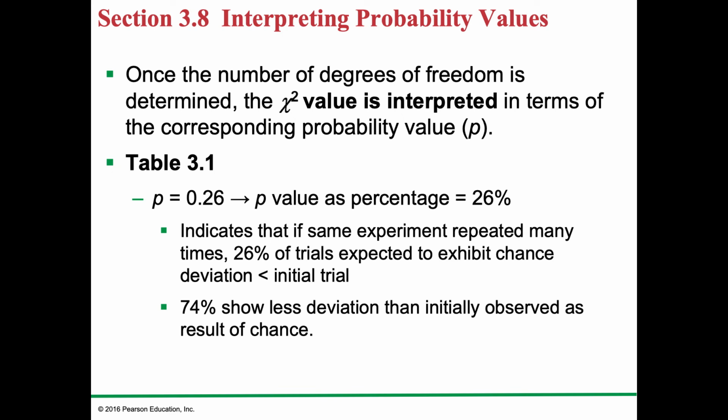And that means that if you did that same experiment, getting 1,000 offspring and counting whether or not they were purple and white, however many times, you would expect that 48% of the time, the deviation due to chance would be less than the initial, meaning you would expect to be even closer to the expected ratio.